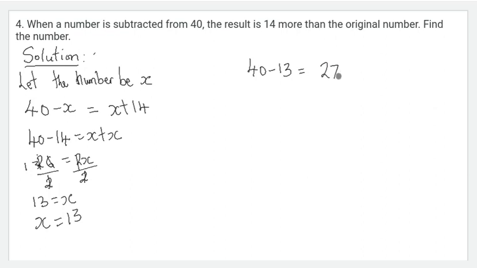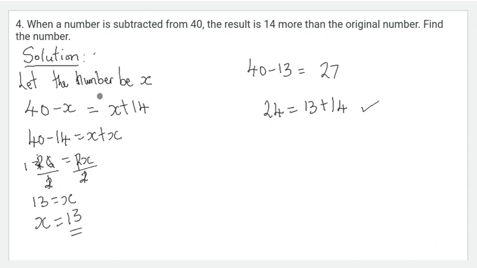Now is 27 equal to 13 plus 14? Because it says the result is 14 more than the original number. Yes. So that means 13 is actually our answer.